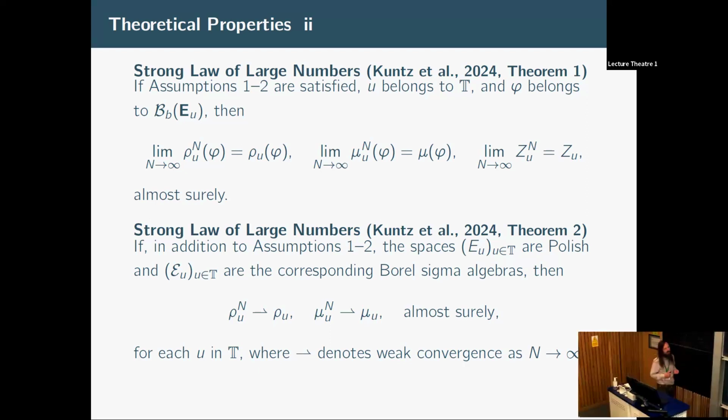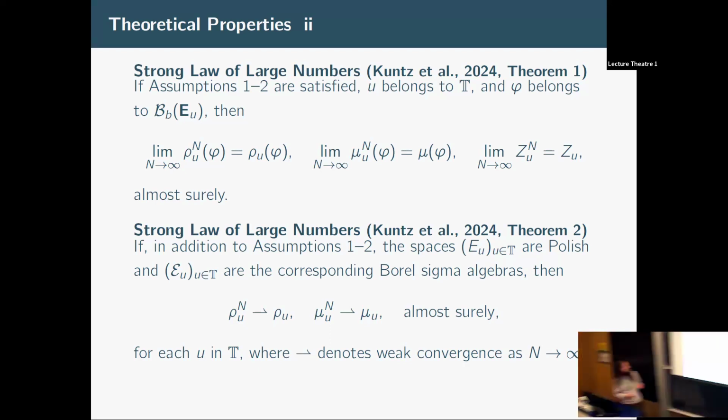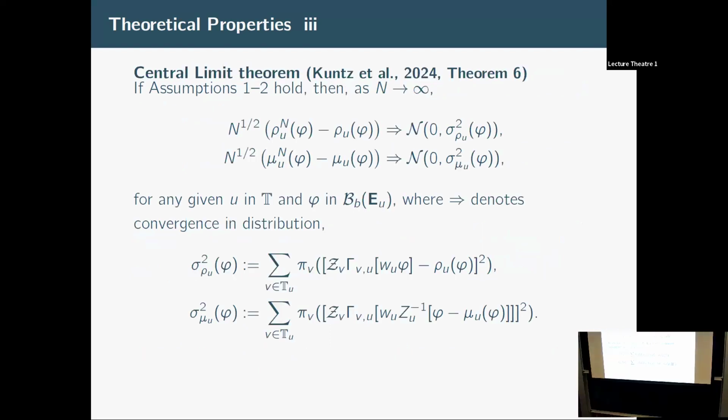So although referees keep telling me you shouldn't look at almost sure convergence of particle filters because they don't need to be defined on the same probability space anyway, I'm not sure I'm persuaded. So this follows from the LP convergence in the usual way. So there's basically nothing new there.